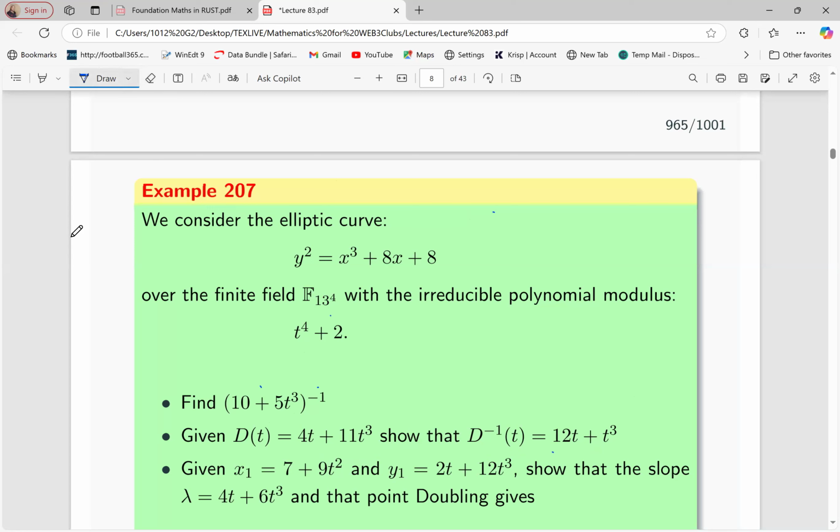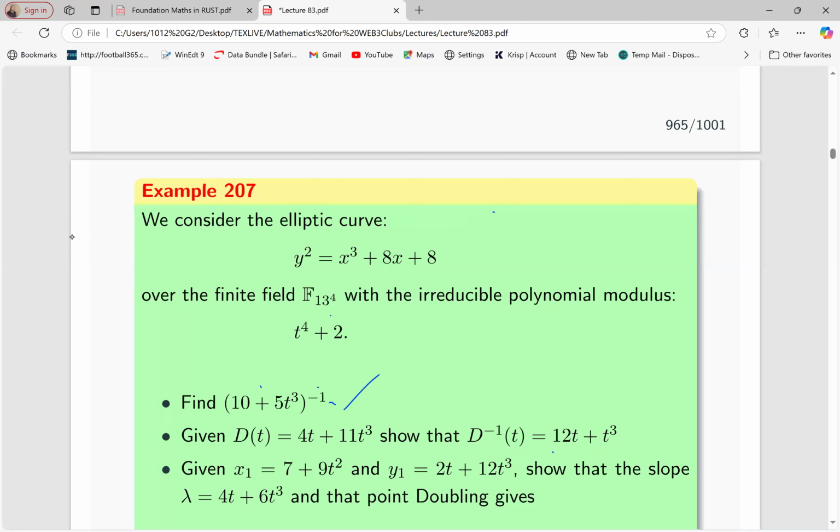Then after knowing how to write the code for doing inverse, suppose I'm given a point (x1, y1). Can I get this gradient? And I want to double this point. This is just one point, I want to double it. So can I get the gradient, 3x1^2 plus a over 2y1?